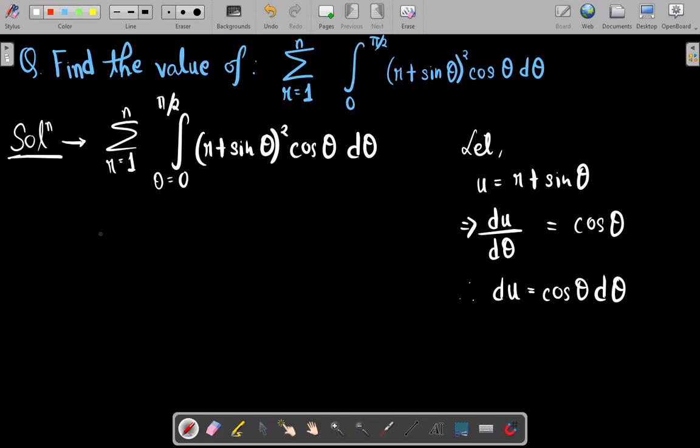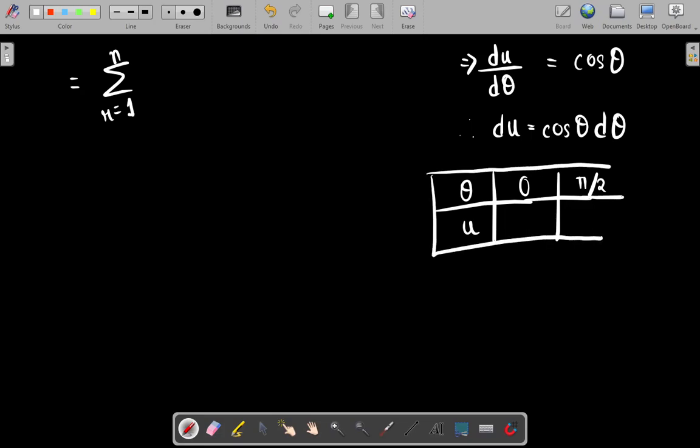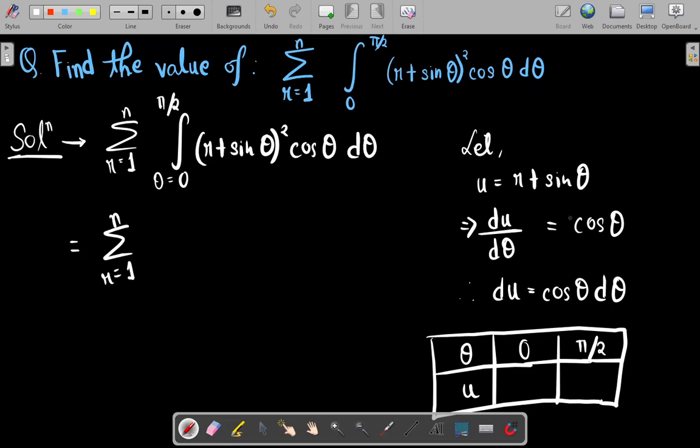Now we get the summation r goes from 1 to n. On changing the variable from theta to u, we have to change the limits also. Theta was going from 0 to pi over 2. If I put 0 in this equation, we get u equal to r, since sine 0 is 0.